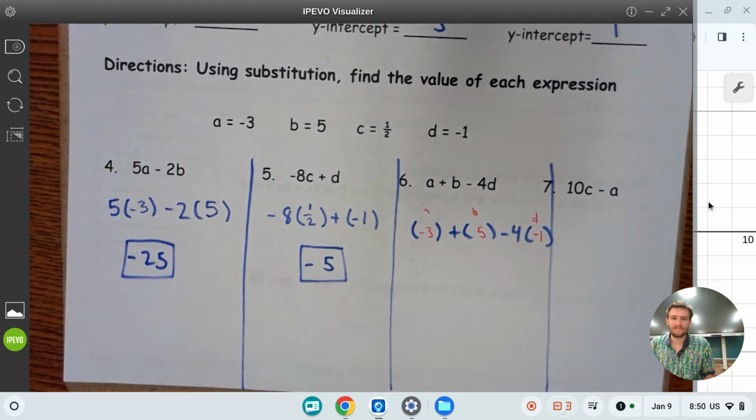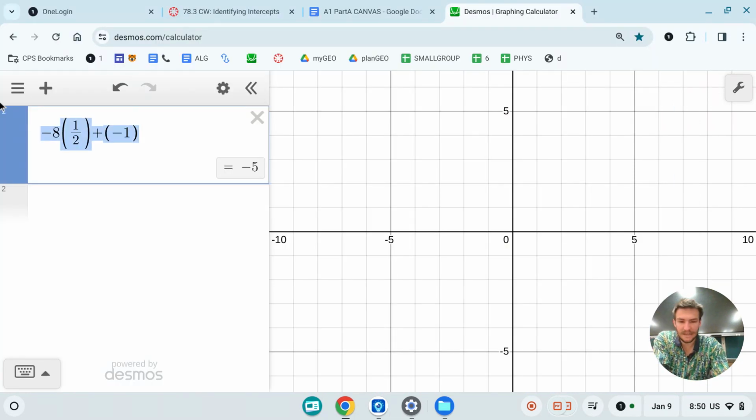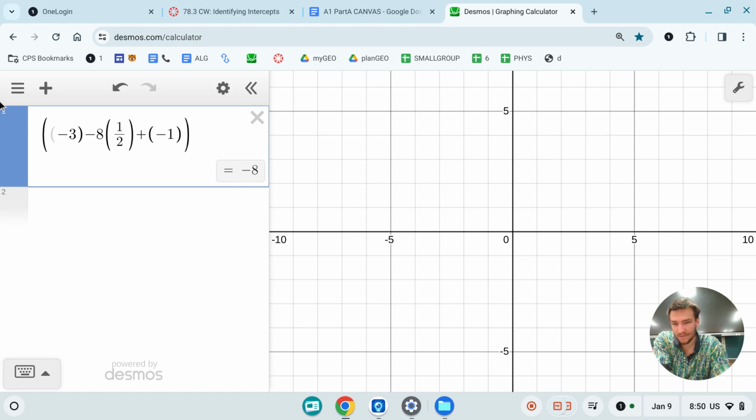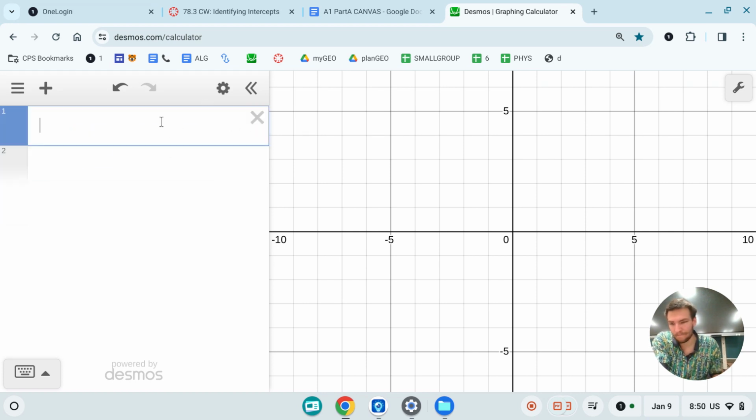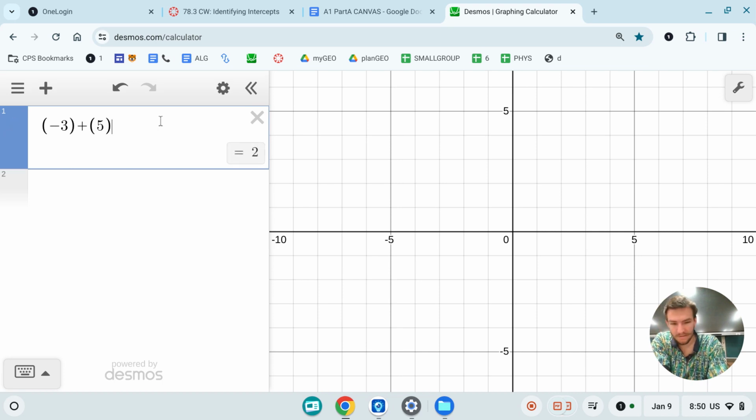Type this in, and we got -3 plus 5 minus 4 is -1. 6.